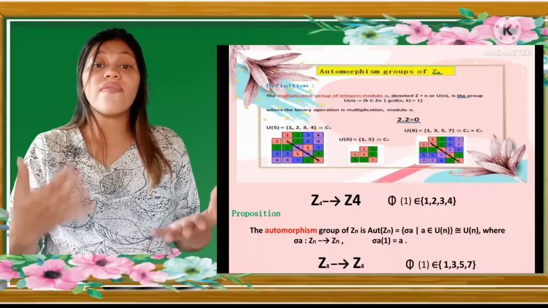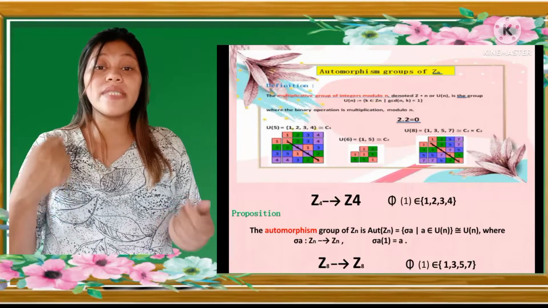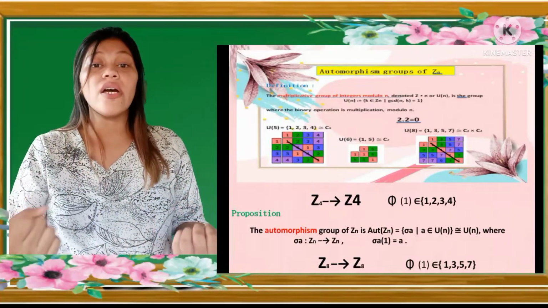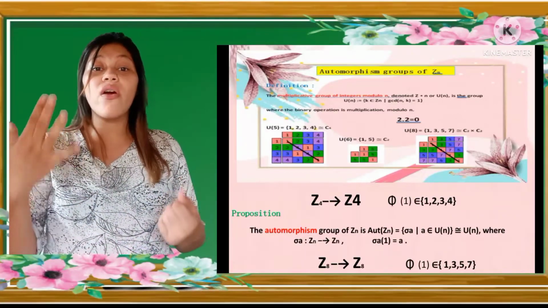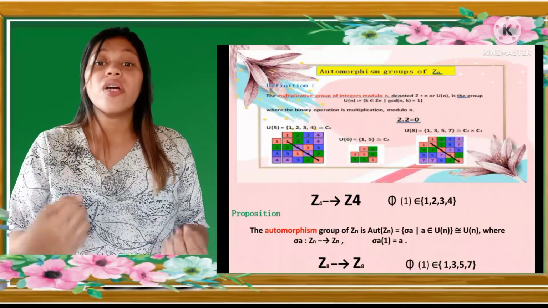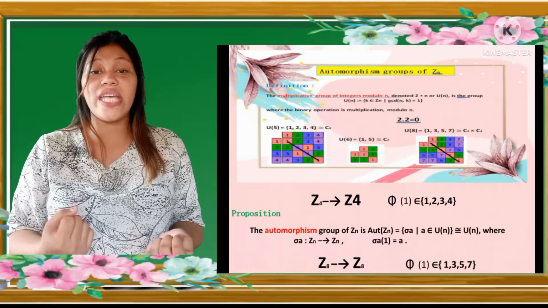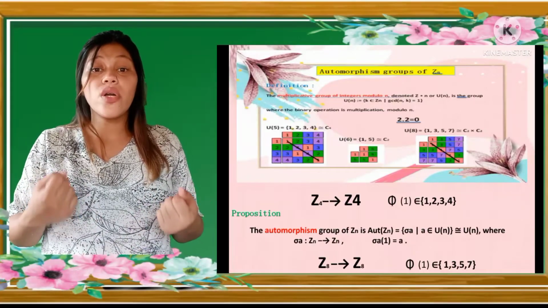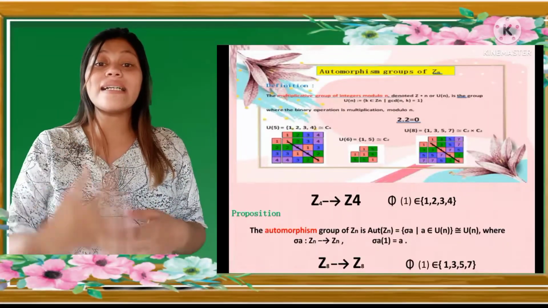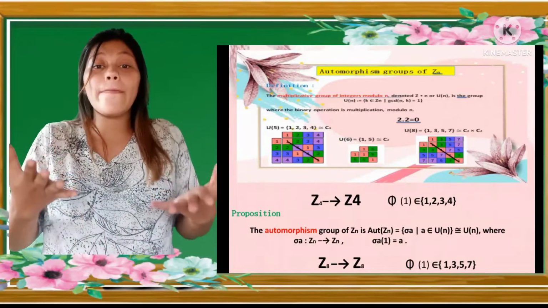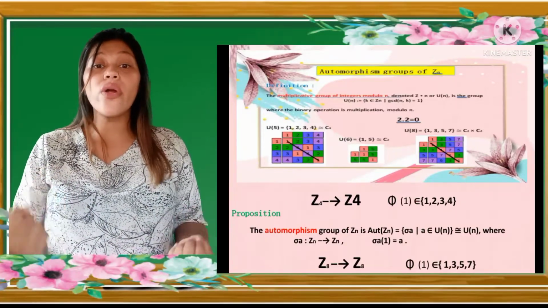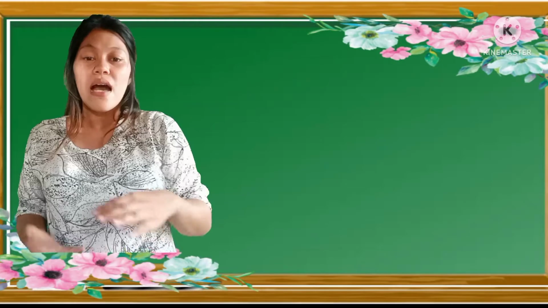So instead of this 5 there would be a sigma 5, and so forth. So that's why these things are isomorphic. Un is the group of these numbers under multiplication, and the automorphism group of Zn is technically the group of these mappings sigma a, where a comes from Un.